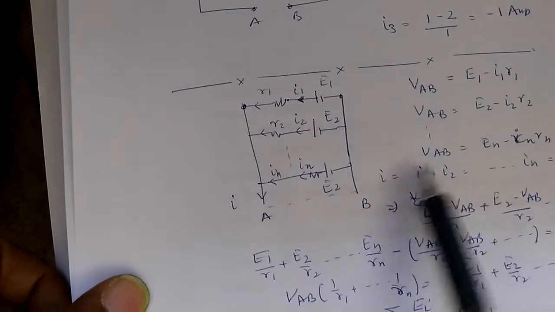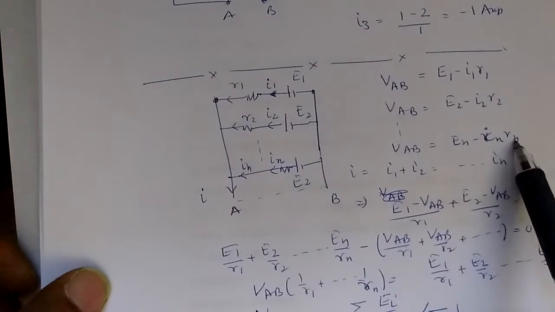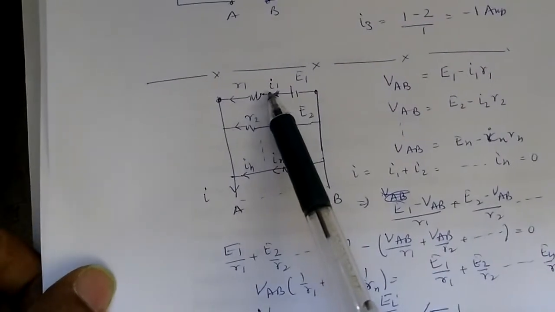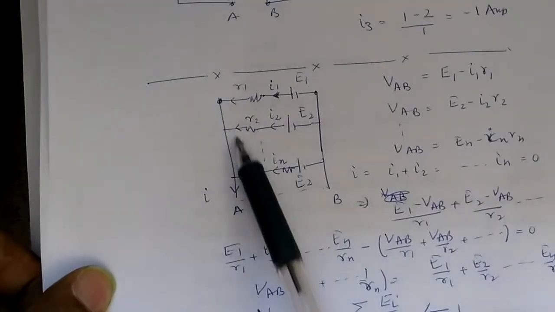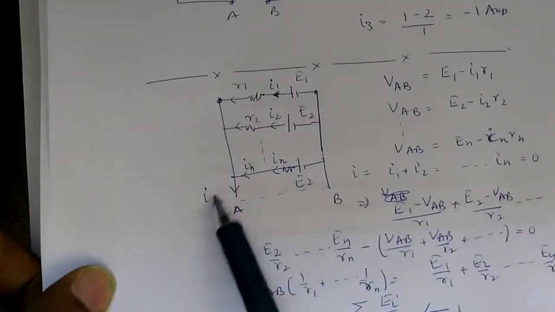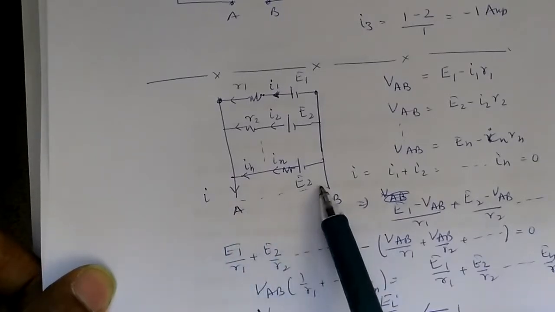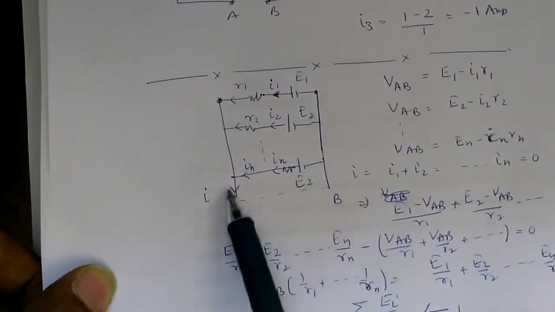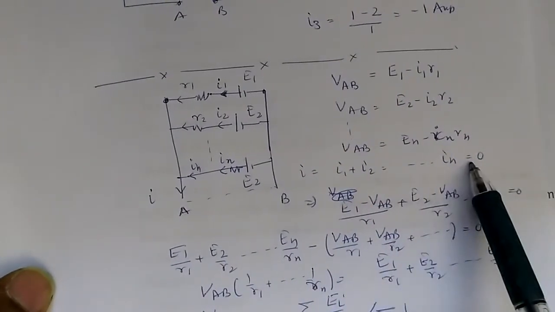And for the nth branch, VAB is equal to En minus In Rn. Now these currents I1, I2 and In will combine and give a total current I. Because we have not connected anything across it, this current I, the sum of these currents, is going to be 0.